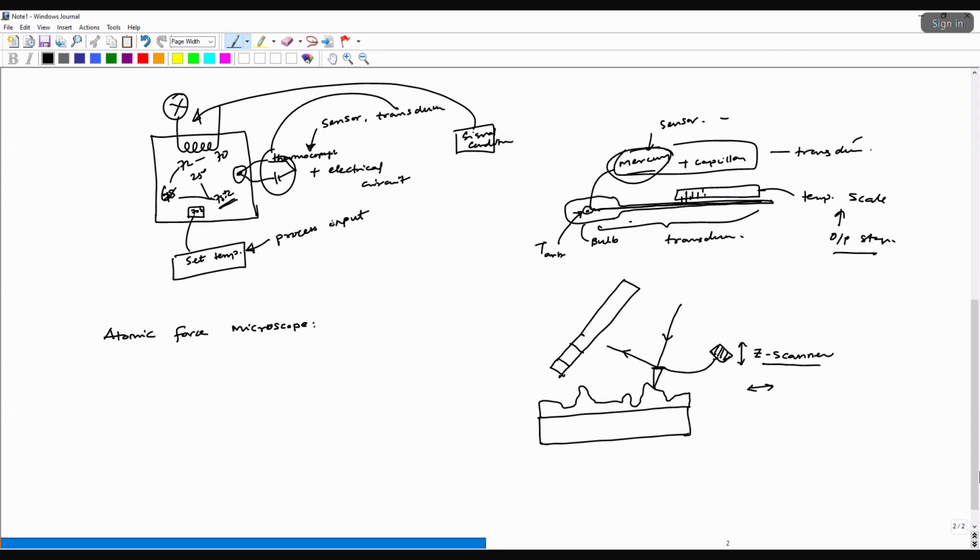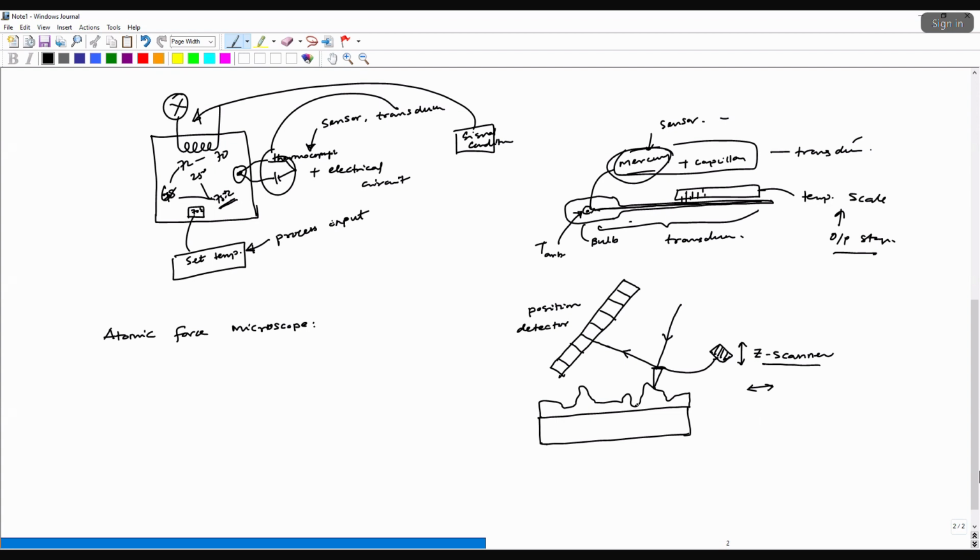There are various detectors present here. This is called a position detector, and these are photodetectors because they detect light. So this light falls on different detectors depending on the topology.